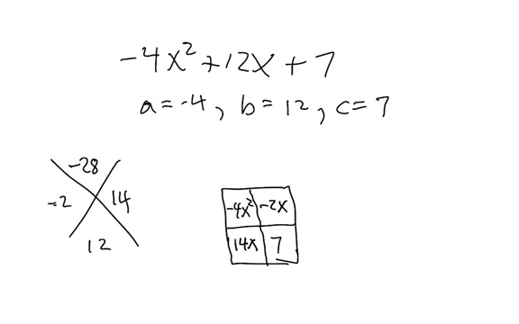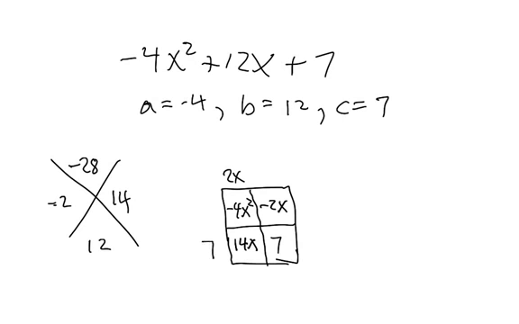So we're going to factor out of each. So in this column, we can factor out 2x. And if we do, 2x times 7 gives us 14x.